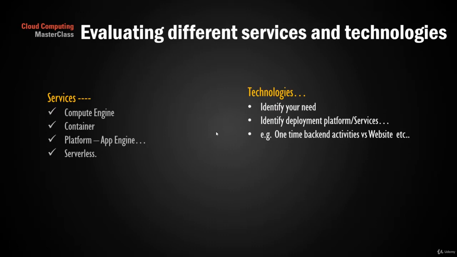One-time backend activities versus, as an example, a website: it all depends on what your application is trying to do. There is no thumb rule as such. For a website, you can choose Node.js or Java as a backend, or ASP.NET, or the .NET framework, whatever. But again it depends on how you orchestrate your website.